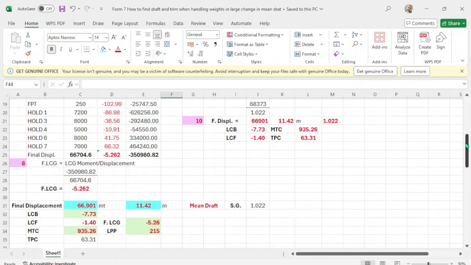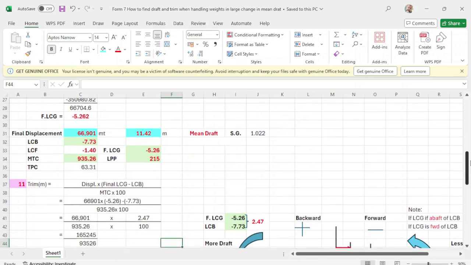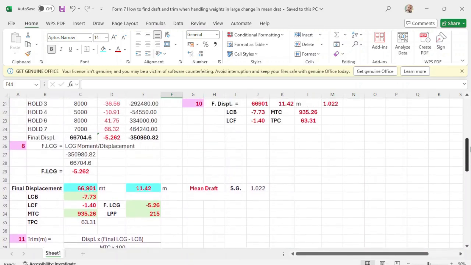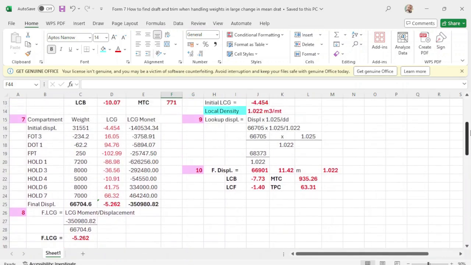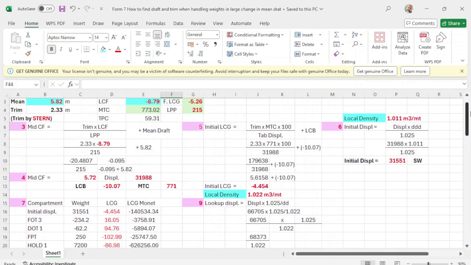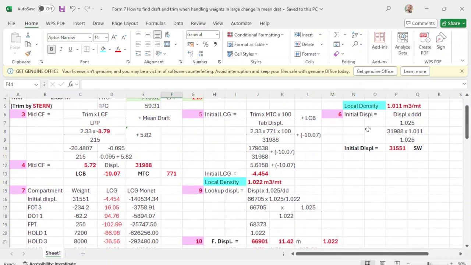I mean 6 and number, which one is that? That is the trim. Should be, I'm sorry, this one is number 6 and number 9. Take note of this one.